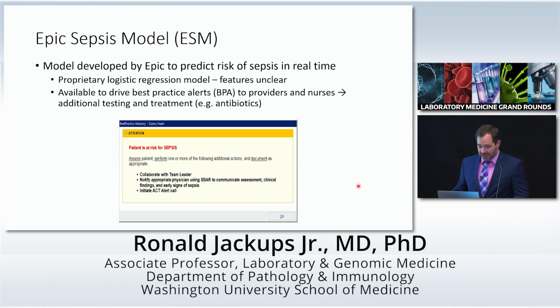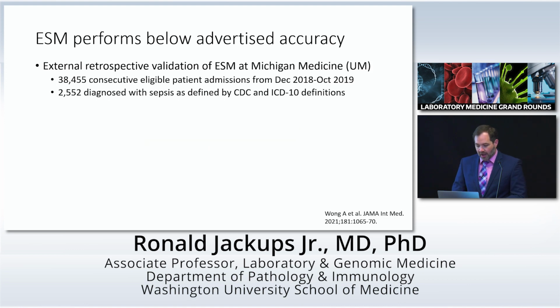This can potentially be used to drive what they call a best practice alert, or other interruptive alerts that could send communication to clinicians explaining that maybe it's time to increase care on this patient to mitigate the risk of sepsis. Sounds good, and certainly something that the company has advertised heavily.